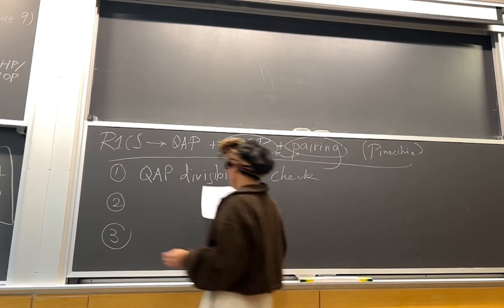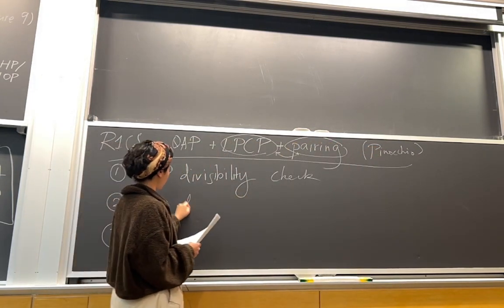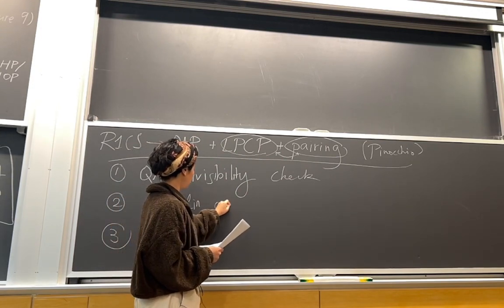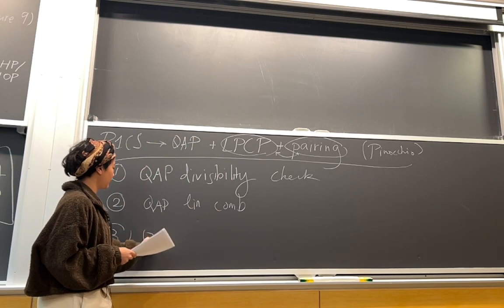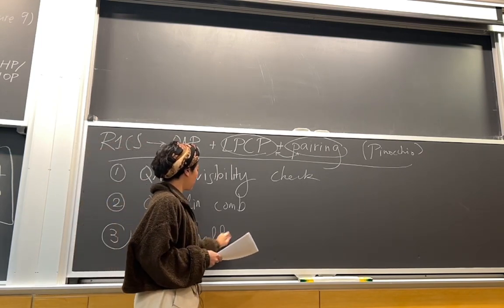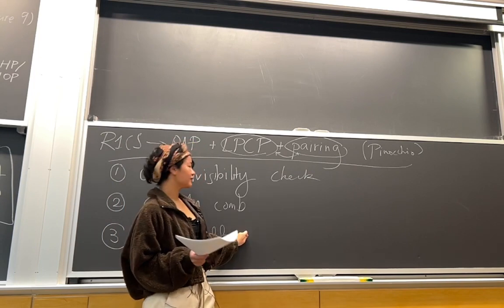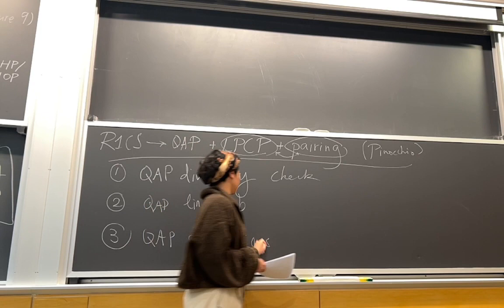And we'll see what this means later. And the second is a linear combination check. And the last is something called the coefficients consistency check. So all this will make more sense when we remind ourselves what the QAP actually is.